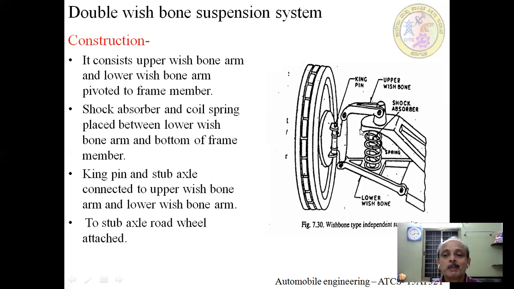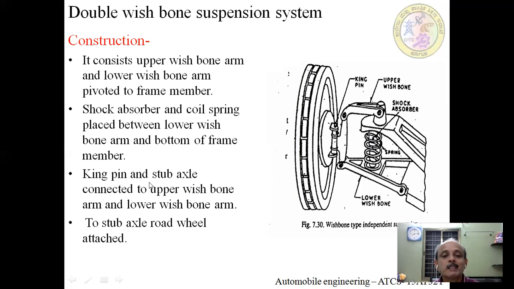This is the frame member and this is the lower wishbone arm. So the meaning is the shock absorber and coil spring are placed between the lower wishbone arm and the bottom of the frame.